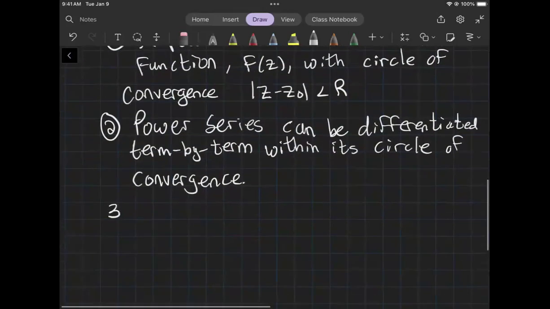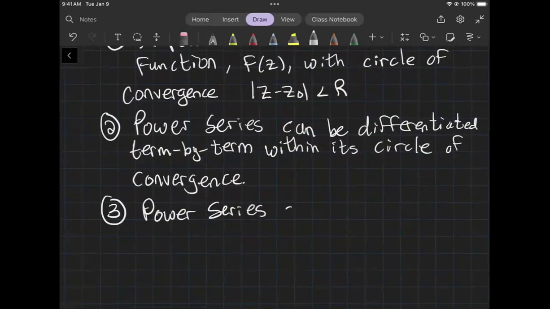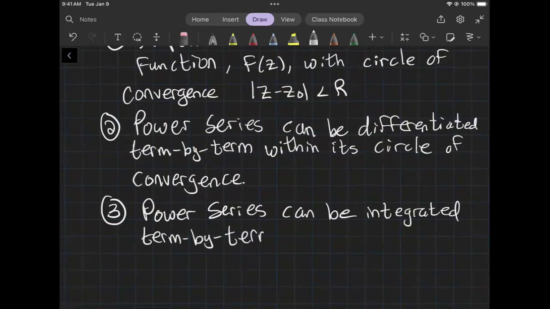The third remark is that any power series can be integrated term by term. What I mean by integrated is that we're looking at a line integral of a curve inside the circle of convergence.